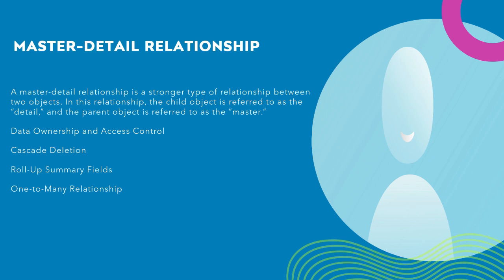In master detail, every child record must be associated with a parent record. But in the lookup, it may or may not be associated. In the child record, there may be a reference or lookup to the parent record, or it can be null. But here in master detail, you should not have any null in the reference in a child object.